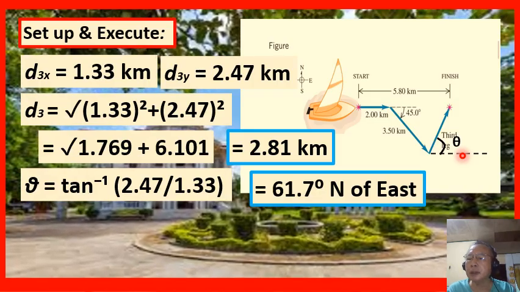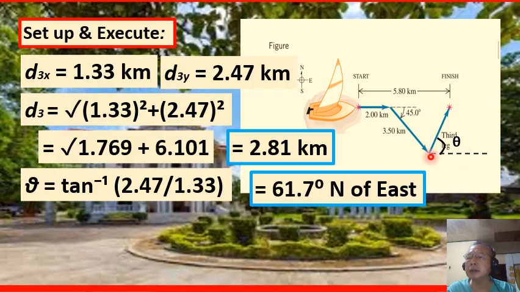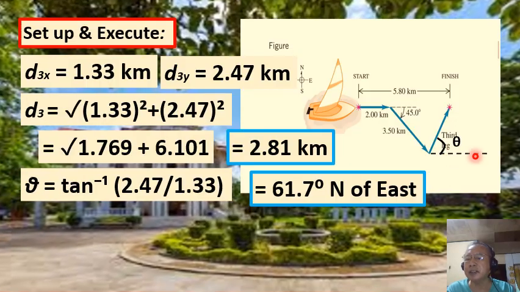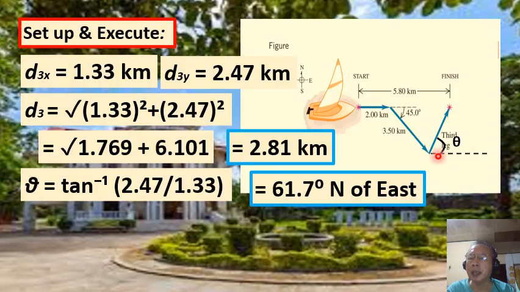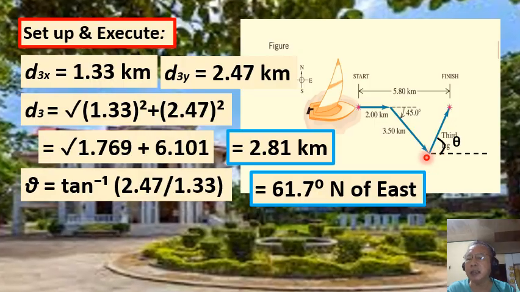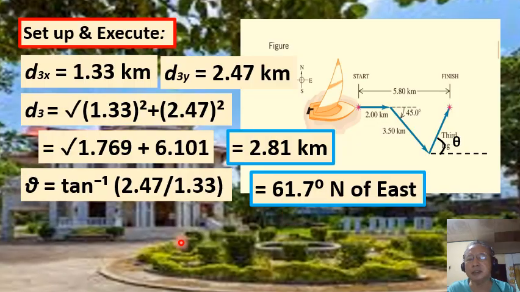Above this east direction as the reference, we have 61.7 degrees. That's why it's called north of east.